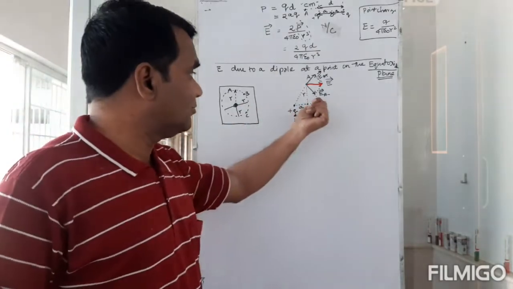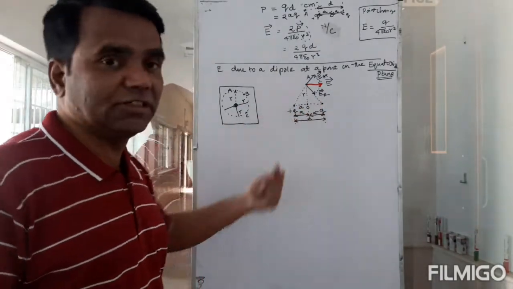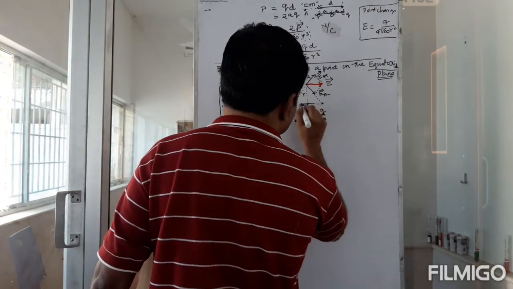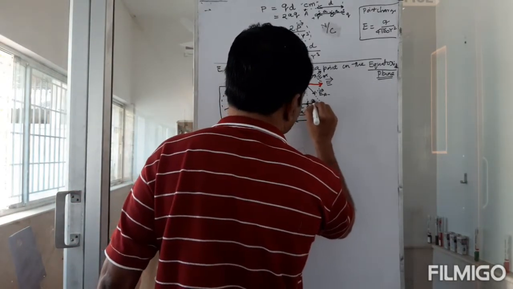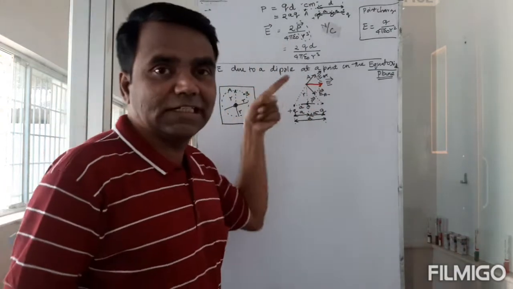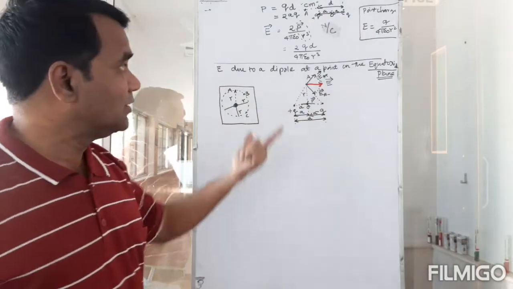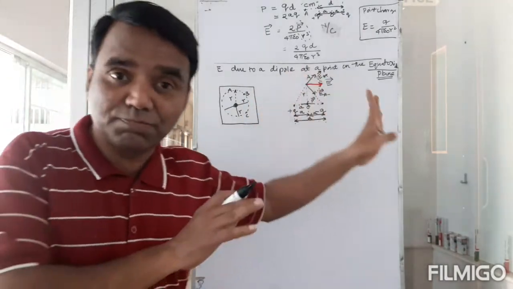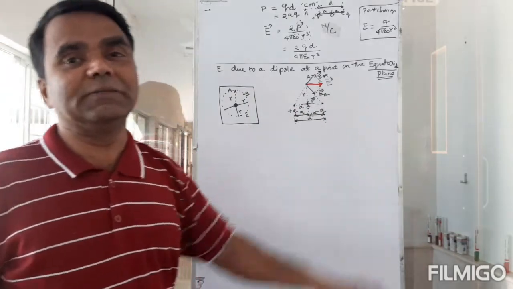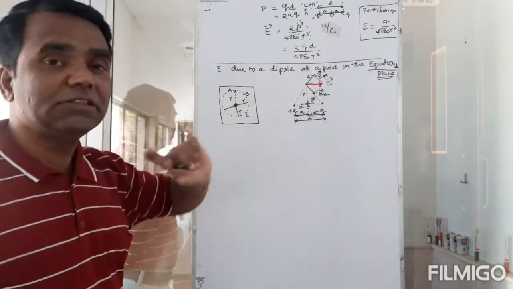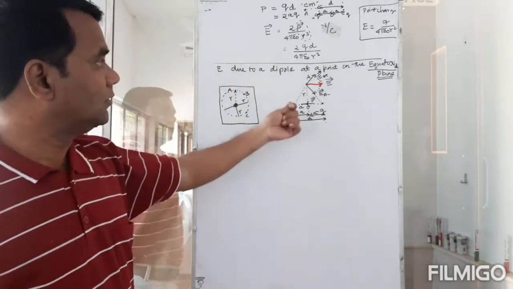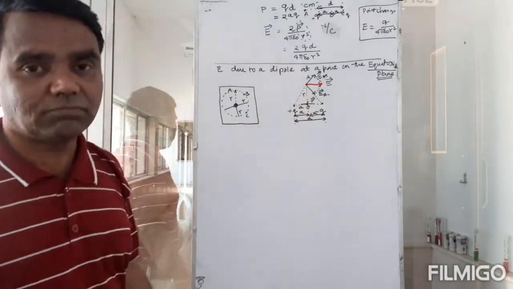The P direction is from negative charge to the positive charge. So it's acting in this direction. This is the direction of P, from negative to positive. But E is in the opposite direction. So the E direction is minus P direction, opposite to the direction of P.